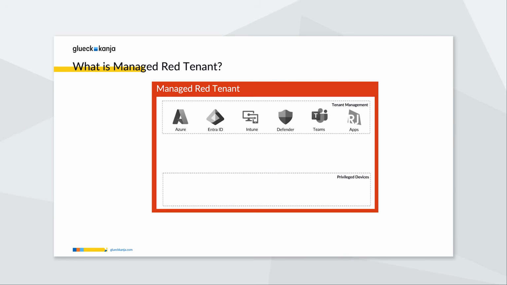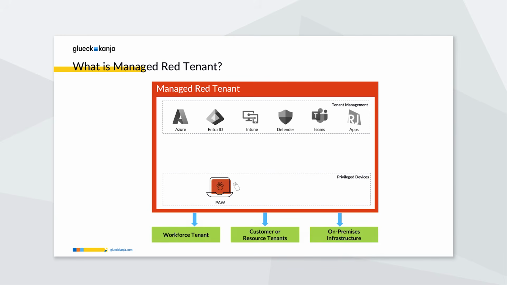And the next step is that the Managed Red Tenant, a separated tenant, will be a home for your privileged devices. And even if you have a multi-tenant environment, because you also have staging tenants, or you'd like to have, for example, a separated tenant for your customer identities, you can manage the multi-tenant environment from the Red Tenant.